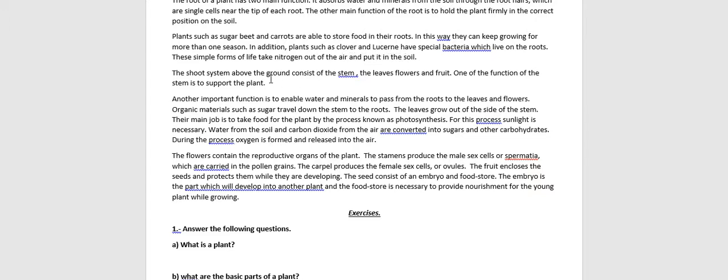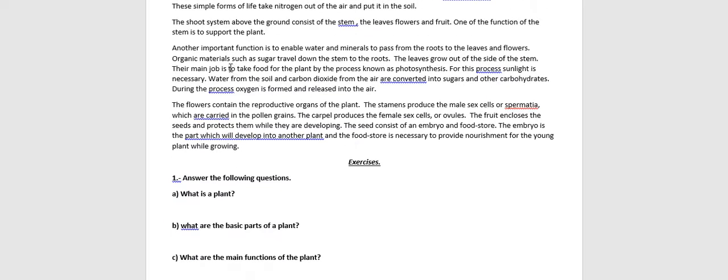The shoot system above the ground consists of the stem, the leaves, flowers, and fruit. One of the functions of the stem is to support the plant. Another important function is to enable water and minerals to pass from the roots to the leaves and flowers. Organic materials such as sugar travel down the stem to the roots. The leaves grow out of the side of the stem.